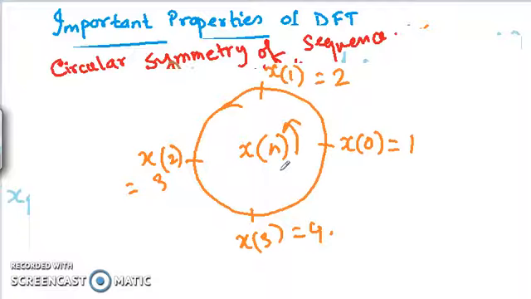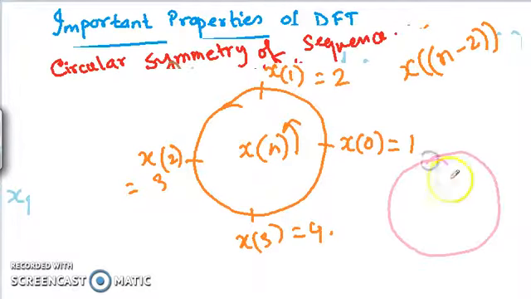So I am basically performing a modulo operation, that is, x of n minus 2. To do this, I take another circle and shift each and every sample by 2 units in an anti-clockwise fashion.